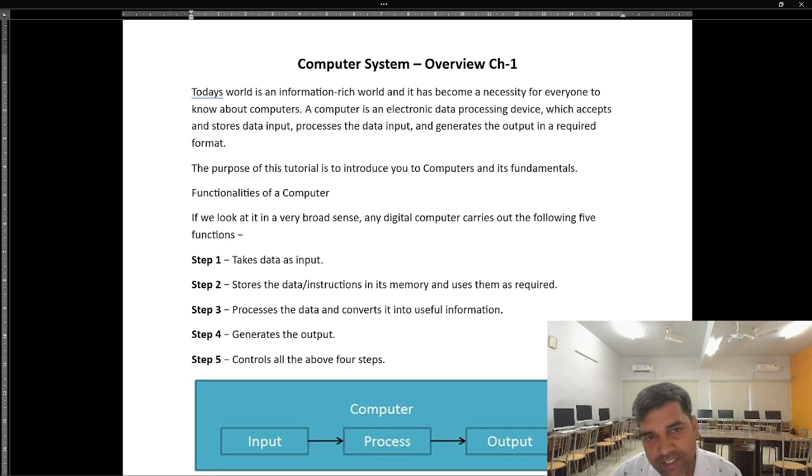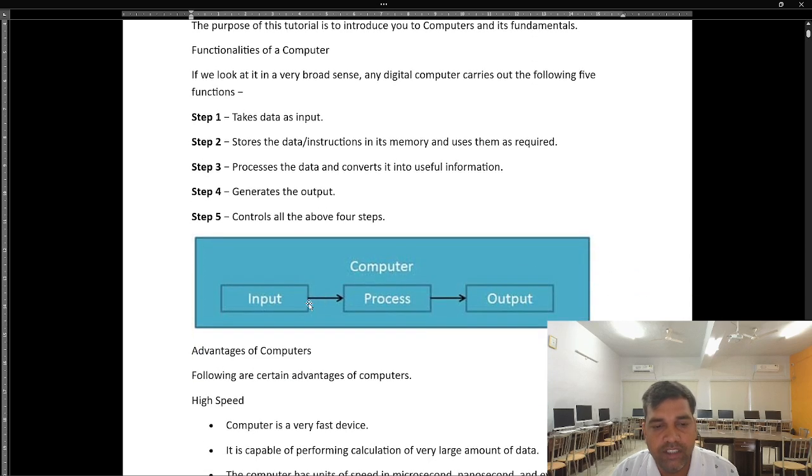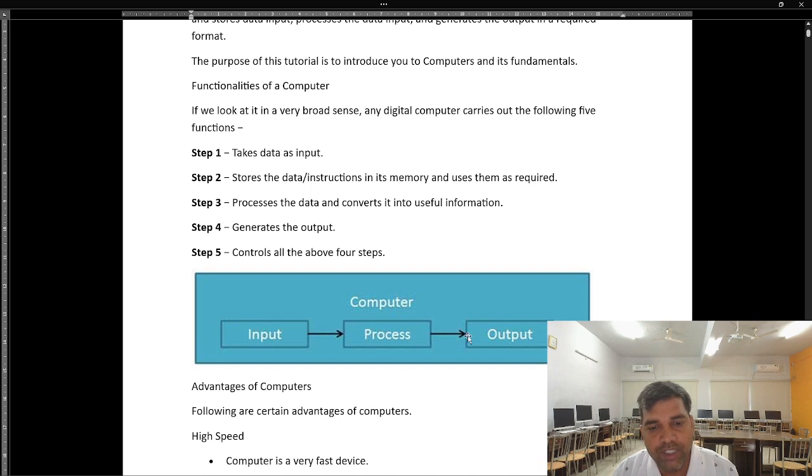So what is a computer system? This computer system basically comprises three different units. It is not a single unit. As you see in the diagram, the three units are the input unit, the process unit, and the output unit. The combination of these three units makes a computer. What devices or hardware are categorized into the input unit?